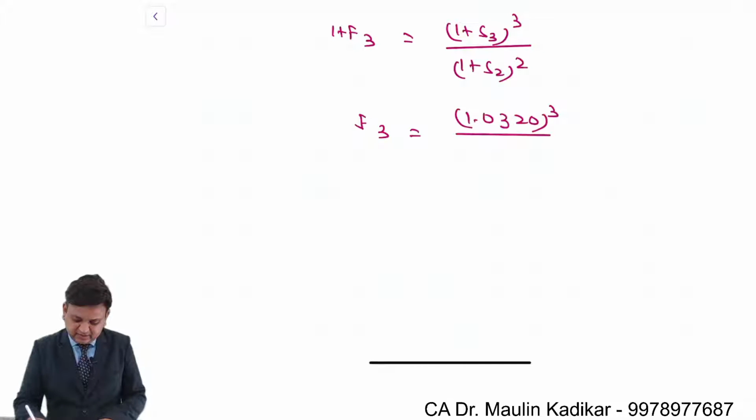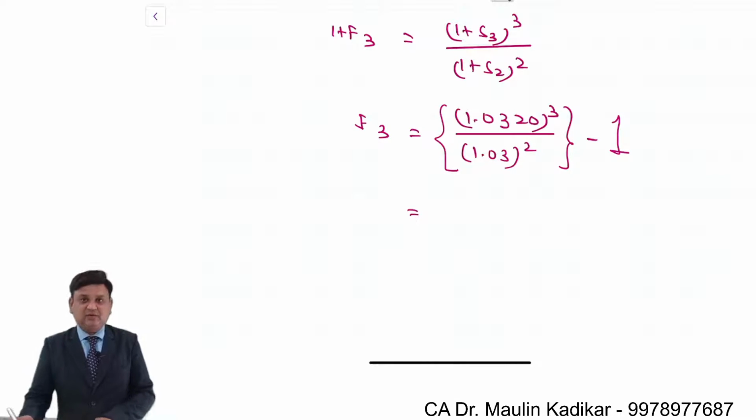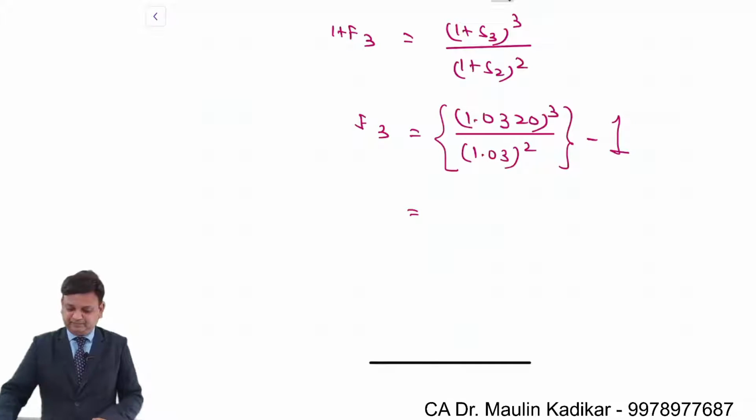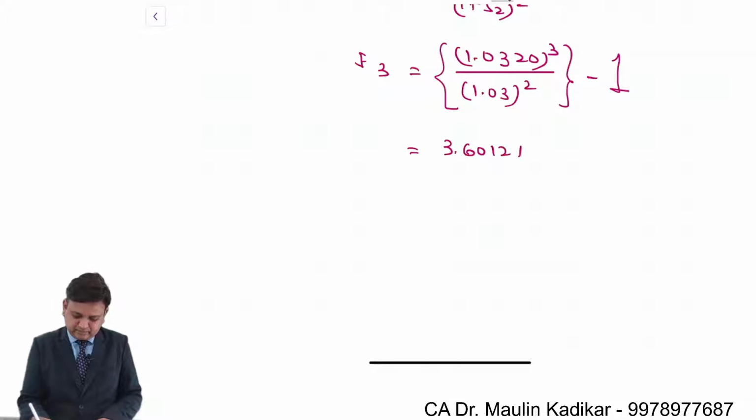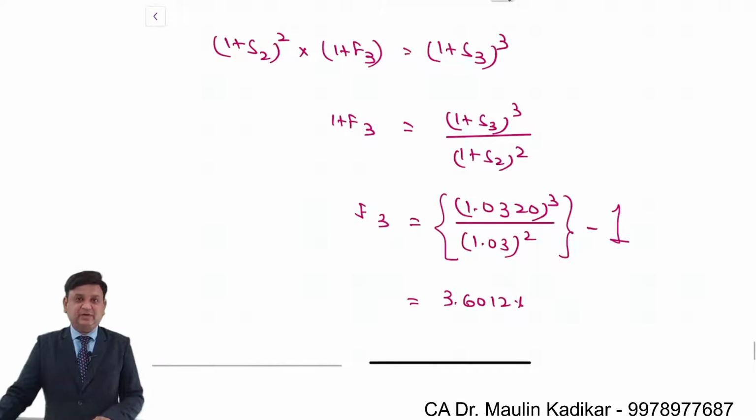Whatever the answer, from that 1 is deducted in order to calculate the answer in percentage terms. So 3.6012%. This is the forward rate for the third year.